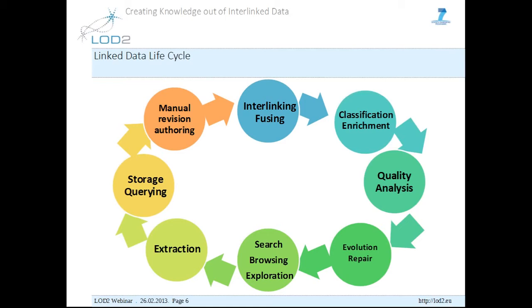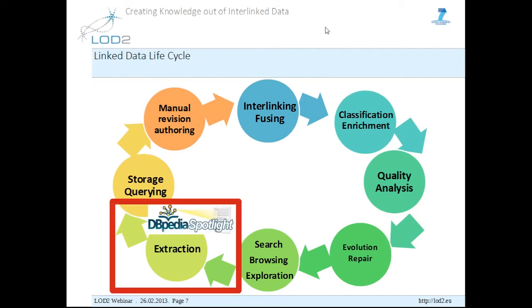So from the extraction of the data to how you store this data, curate or do revisions, how do you interlink the data with other sources, how do you classify and enrich this data, do quality analysis, repair potential problems in this data, enable applications that will search, browse, and explore, and insert the results back into the cycle to improve the extraction and storage and so on.